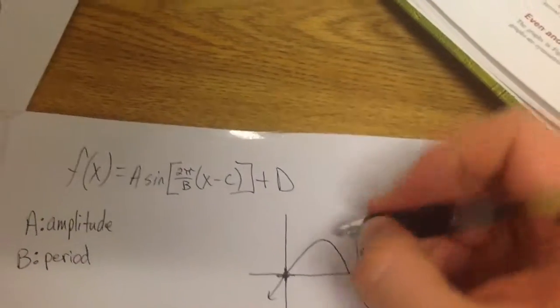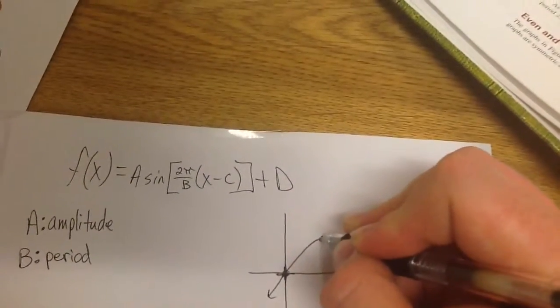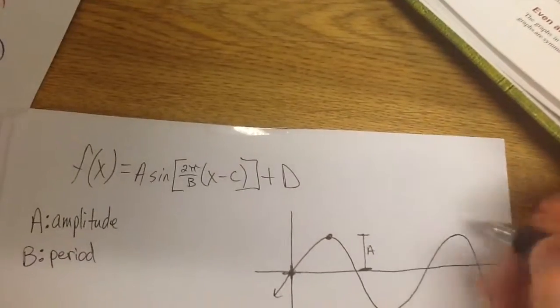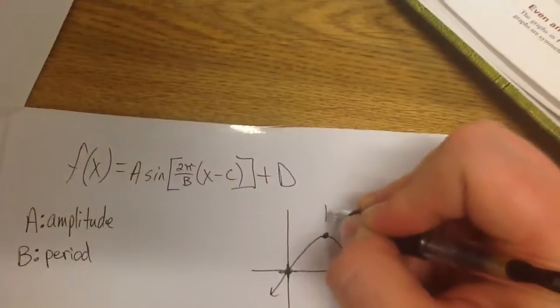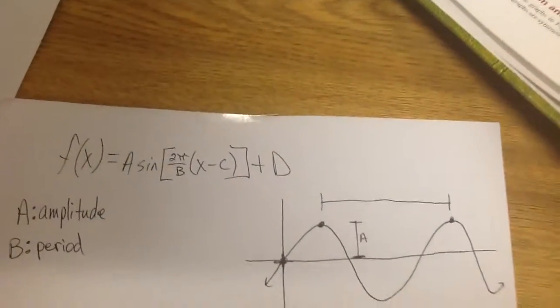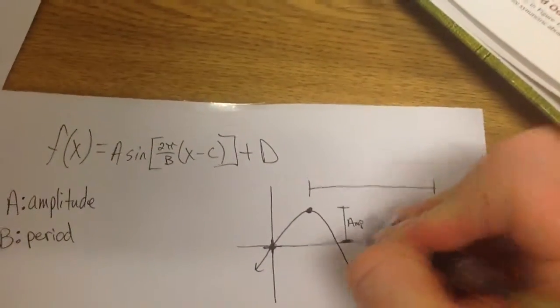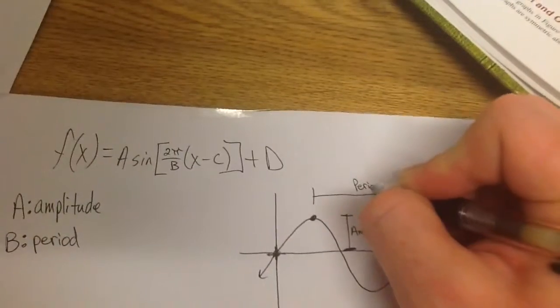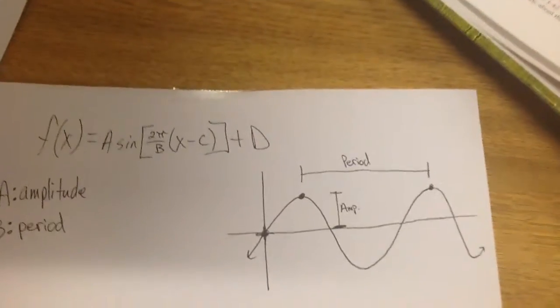We'll start at the top of a hill. How long does it take until we hit the top of a hill again? That's the period. That's how long it takes to repeat.